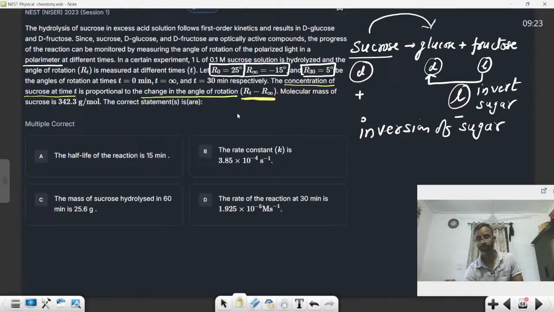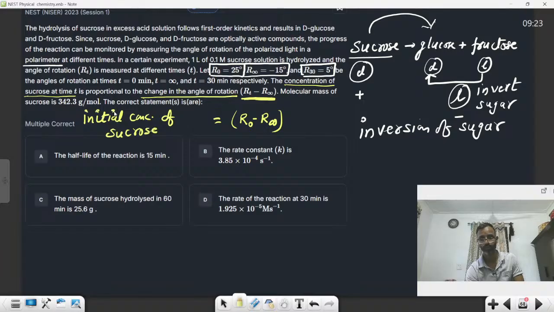That means what is the concentration of sucrose initially? That is R naught minus R infinity. That is the initial concentration of sucrose. And the concentration of sucrose at time t is Rt minus R infinity.